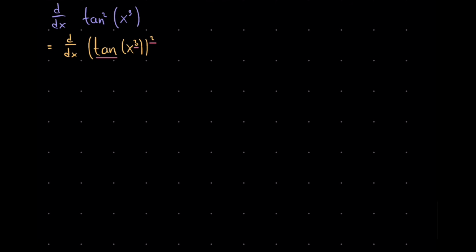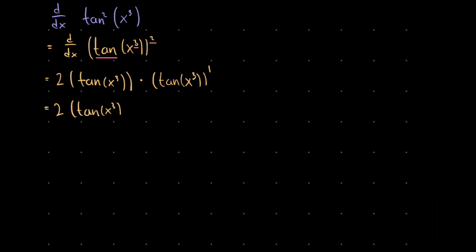First, we deal with the very outside function, so the squared. How do we do that? Well, we take the 2, bring it out front. We have 2 times the inside stays the same, tan x cubed. And the exponent on this is going to be 2 minus 1, or just 1, so we can omit it. And we multiply this by the derivative of the inside, tangent of x cubed. And so this is equal to, this stays the same, 2 tan x cubed.